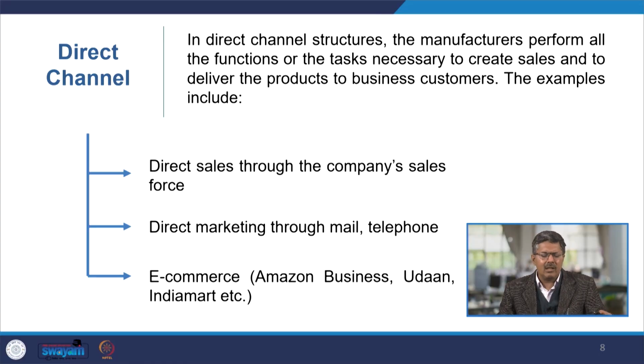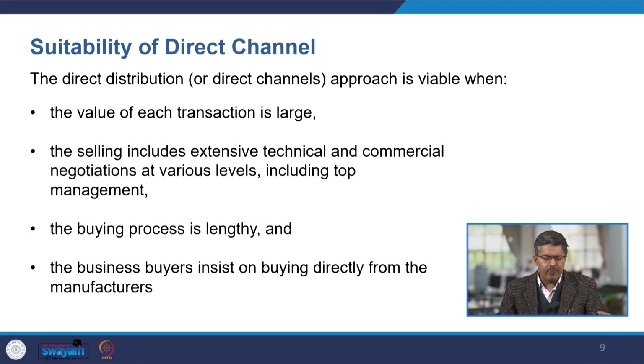Direct marketing has become possible due to the internet. Telephonic marketing also, for example financial companies try to reach customers through telephonic systems, talk to them and try to create potential customers. E-commerce, as I had already said. So, these are some direct channel partners who are very effective.